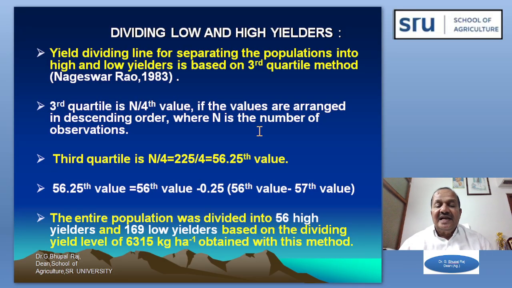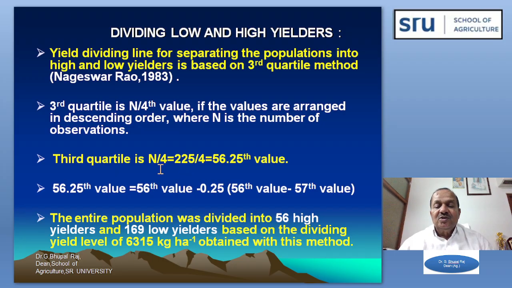The values are arranged in descending order, and then the n by fourth value is calculated.